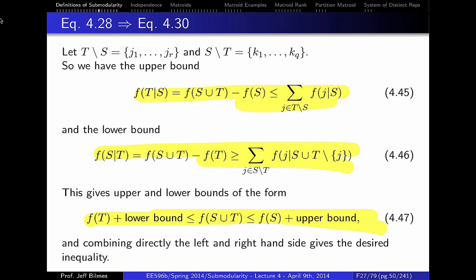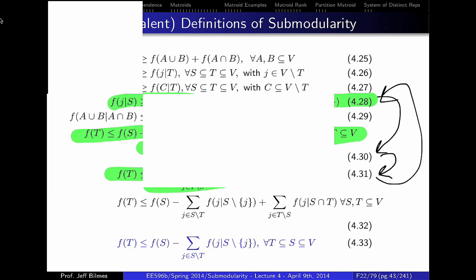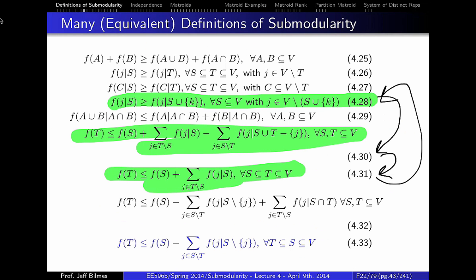Okay, so now the last thing to show. Any questions about that? So the last thing to show is 4.30 implies 4.31.